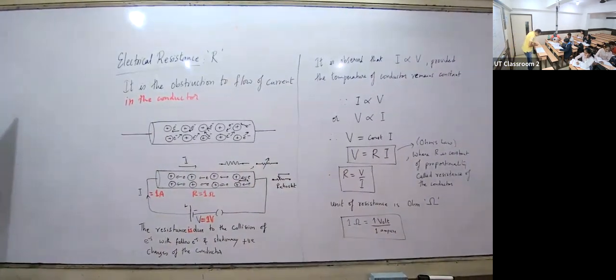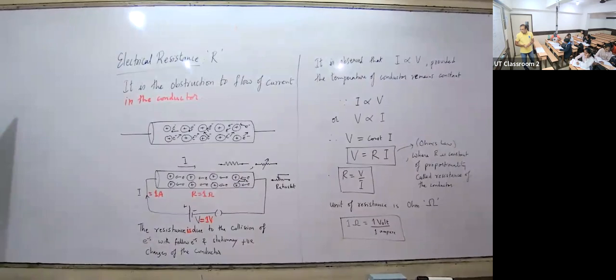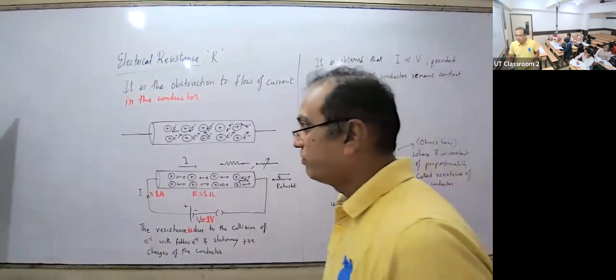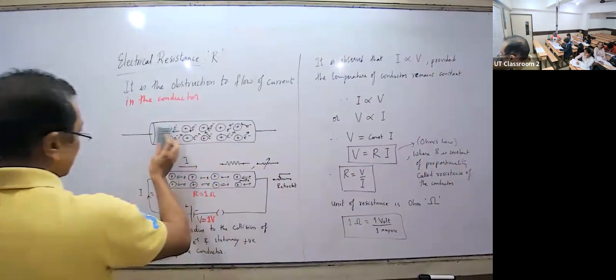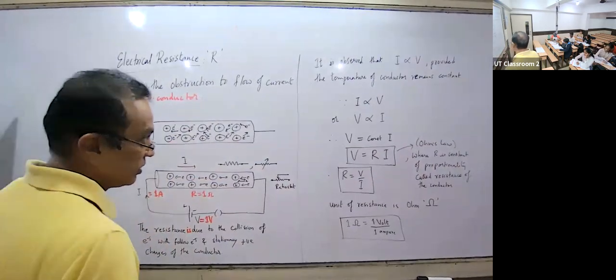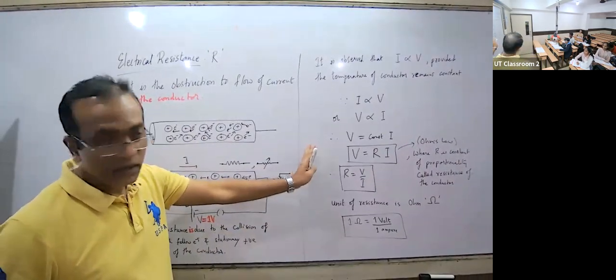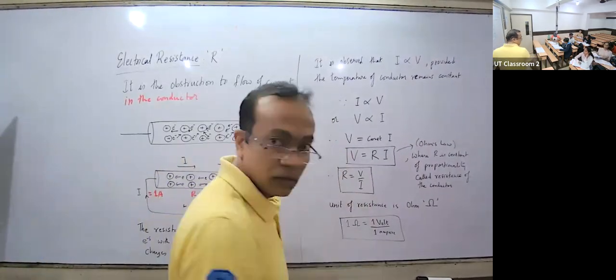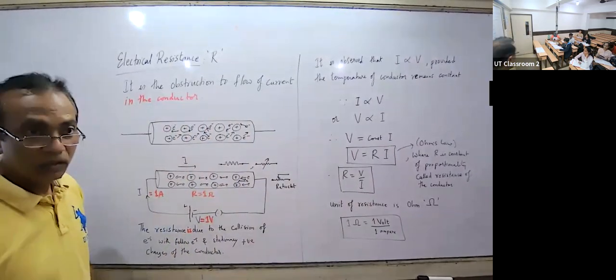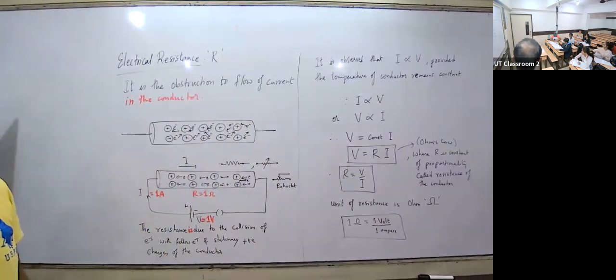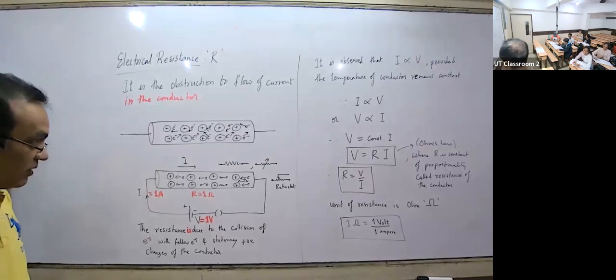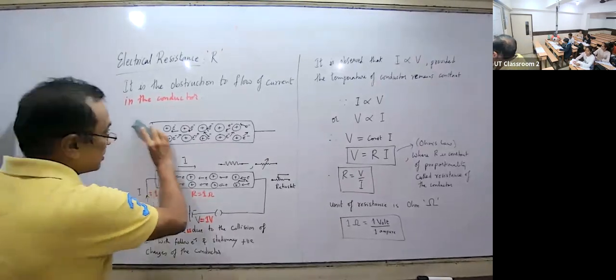Okay. So now the last part of this chapter is we have to study the factors affecting the resistance of the conductor. Right? Can I erase the right thing? Okay, let me erase this.